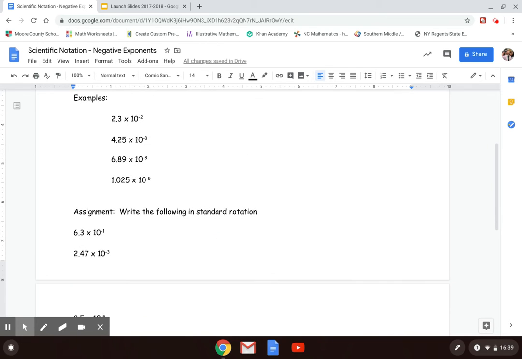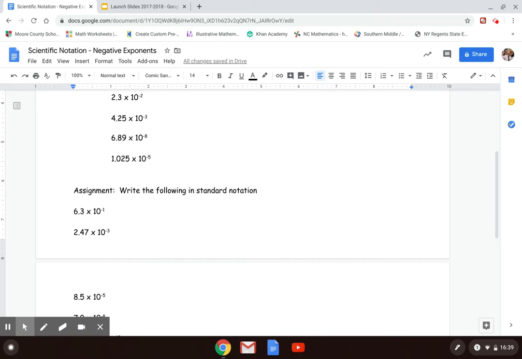If we look at our first example, I have 2.3 times 10 to the negative second power. That means I'm going to move 2 places to the left because it's a negative exponent.